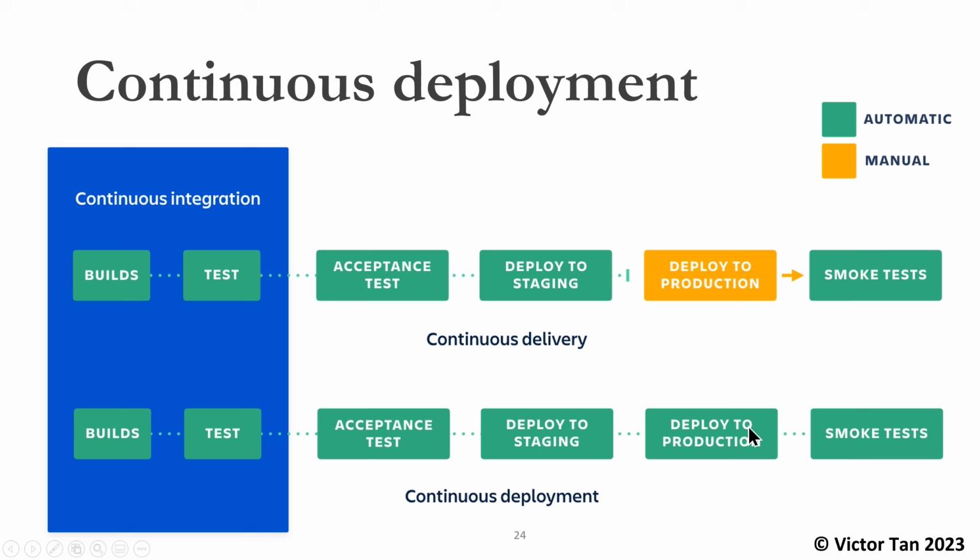Okay, so that means within like 5 to 10 minutes of you clicking commit on your IDE, your client will be able to access the latest changes on the production server, because everything will just flow smoothly all the way to production. Okay, that is continuous deployment.